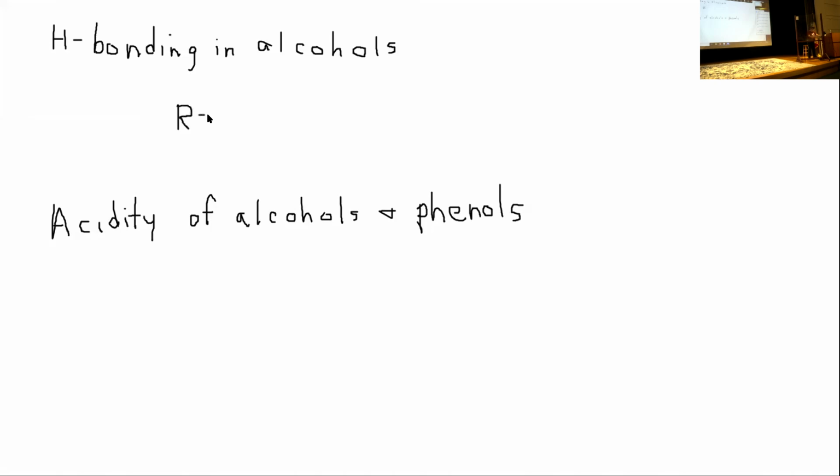Remember, we call these intermolecular forces. That means that they're forces felt between and among two or more molecules. And a hydrogen bond is an attractive force that's weaker by far than a covalent bond, but certainly detectable, that we find between the oxygen in one alcohol molecule and the hydrogen in another alcohol molecule.